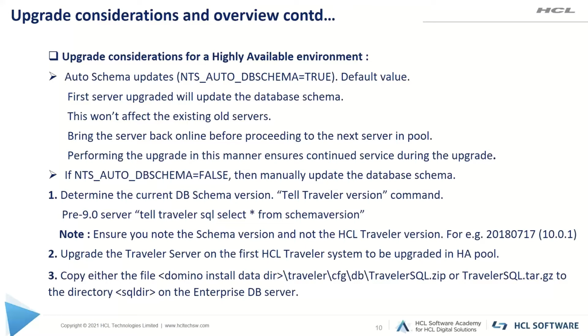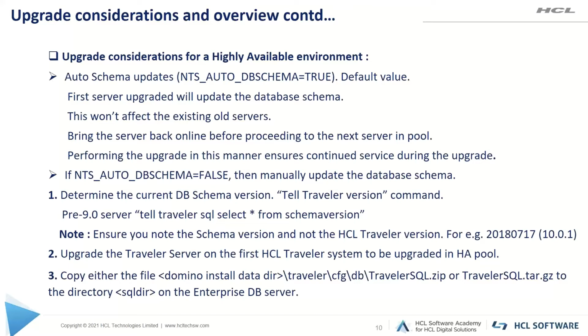First thing is you need to determine the current database schema version. You can run the tell traveler version command and check what the current schema version is. For example, on Traveler 10.0.1, you can find the schema version mentioned as 20180717.